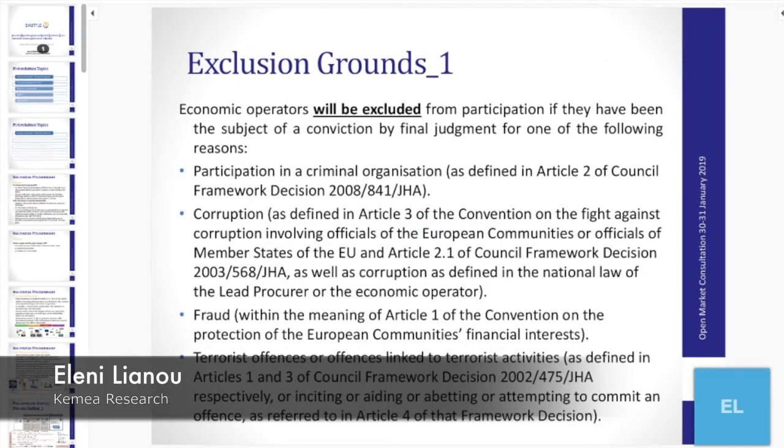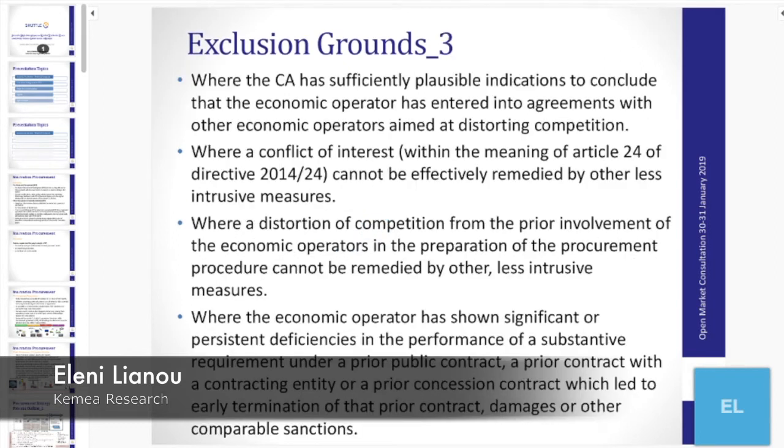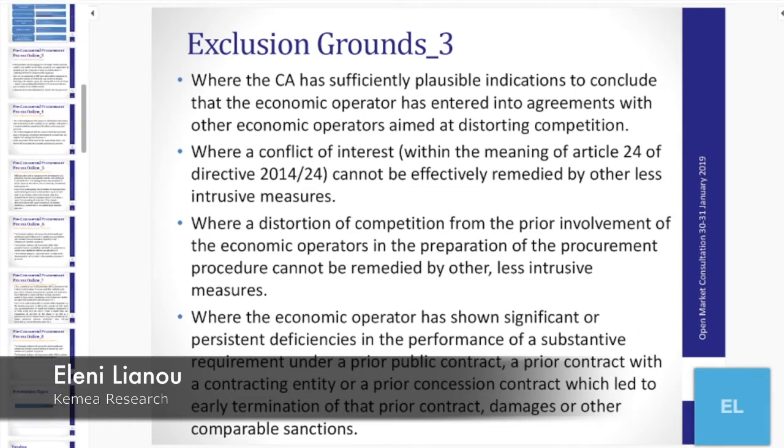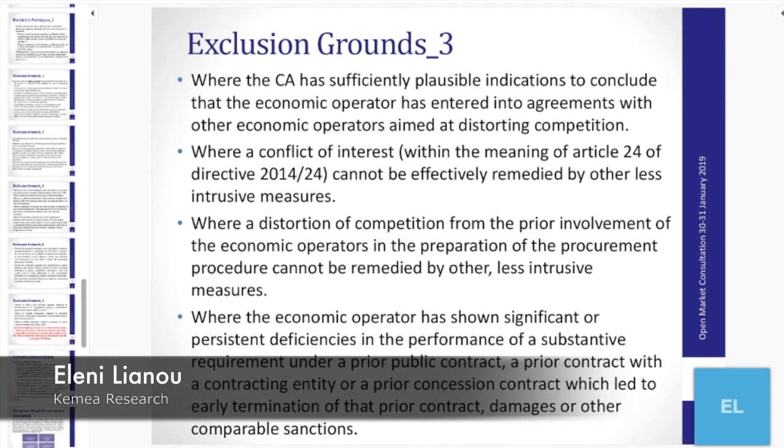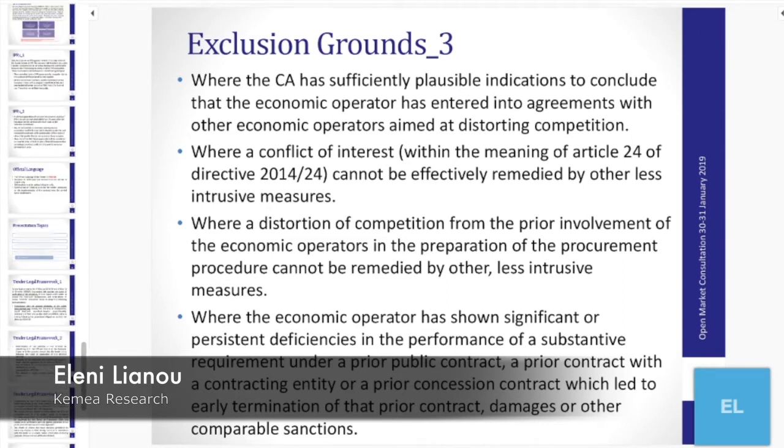Tenderers will also be excluded when we, as contracting authority, have sufficient indications that the economic operator has entered into agreements with other economic operators aiming at distorting competition, where a conflict of interest, as we said above, cannot be effectively remedied by other less intrusive measures, where a distortion of competition from the prior involvement of economic operators in the preparation of the procurement procedure cannot be remedied by other less intrusive measures.